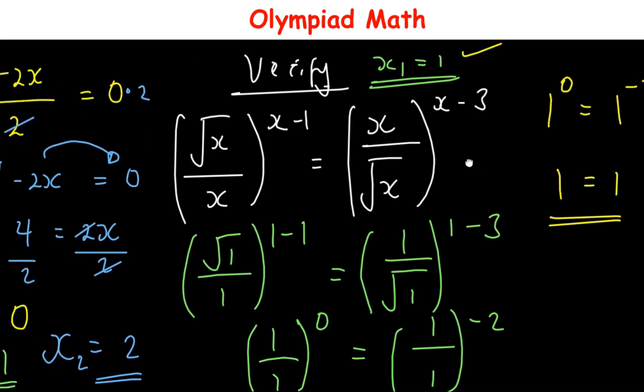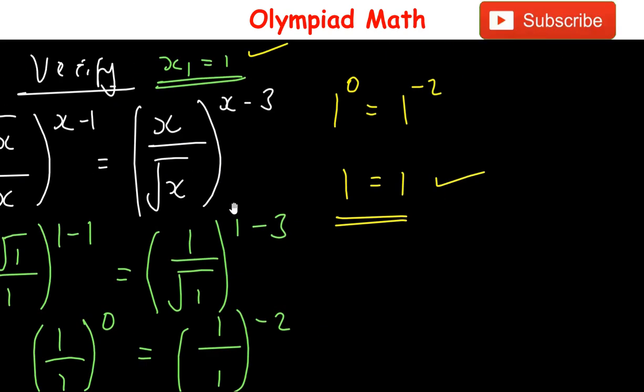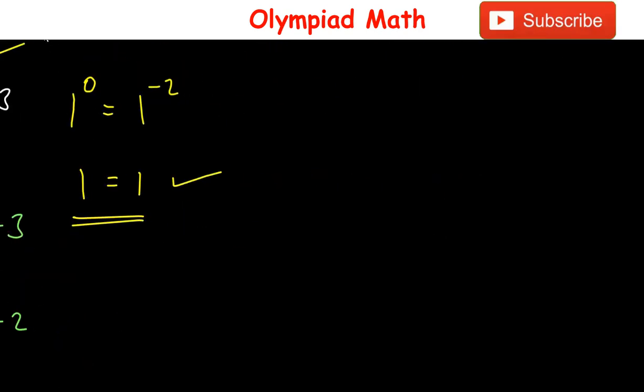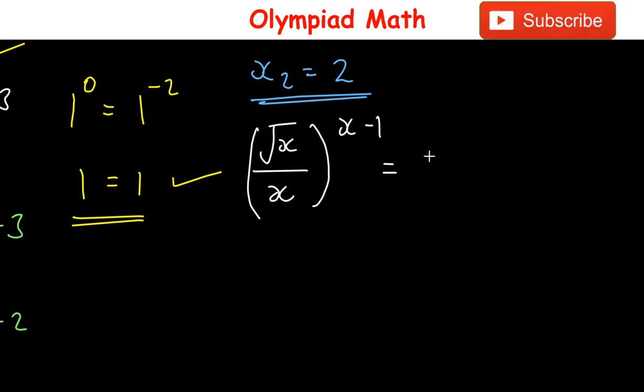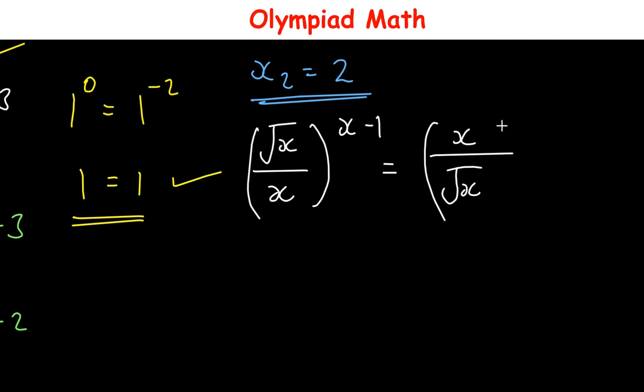Now, for the second value of x as 2, right here, we have the second value of x, that x2 is equal to 2. So in putting this value into the given equation, we have the equation: in brackets, the square root of x all over x, all raised to power x minus 1, is equal to, in brackets, x over the square root of x, all raised to power x minus 3.